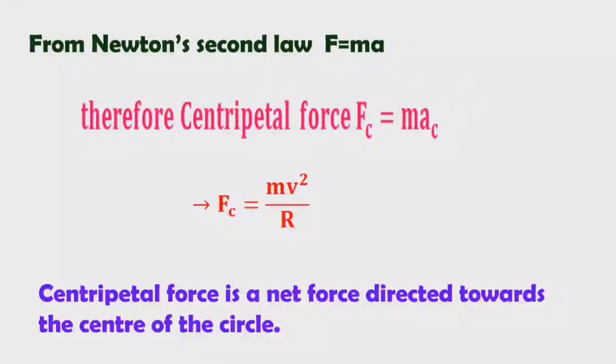You can take one stone and whirl it using a string tied to it, and you will observe that the stone revolves in a circular path. But if you release the stone suddenly, it will take a tangential path. So the direction of velocity is always tangential, but centripetal acceleration or centripetal force is toward the center. That's why the object travels in a circular path.